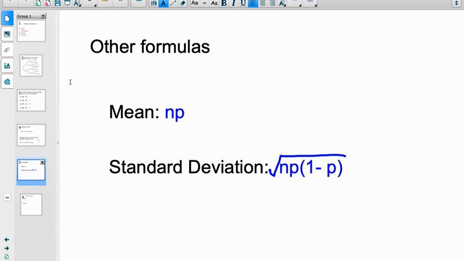So n is 2, p is 1/2. You would expect to get 1 head if you flipped a coin twice. And then the standard deviation is the square root of n times p times the quantity 1 minus p. So those are just plugging into those two formulas when you have a binomial distribution.